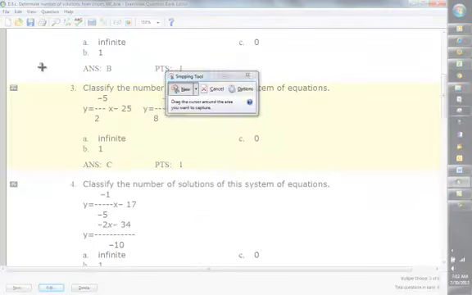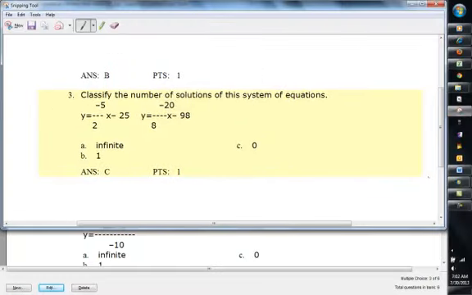So our first step is always to determine what the slope is. In the first case, the slope is negative 5/2. In the second case, it's negative 20/8, which reduces down to negative 5/2. And if you notice, when we simplify this, they get the same slope. So it's either going to be an infinite or a 0 number of solutions.